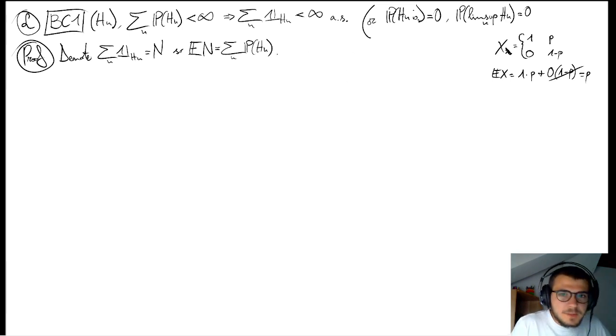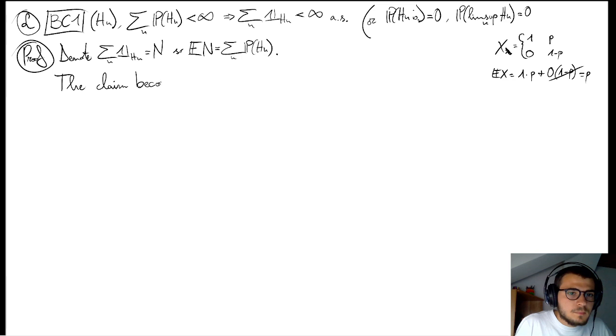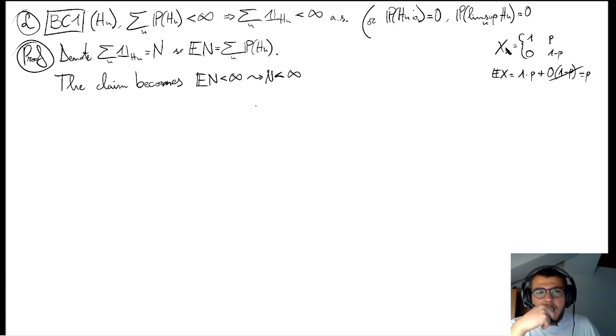And the claim becomes that if the expectation of n is finite, then n is finite, almost surely.